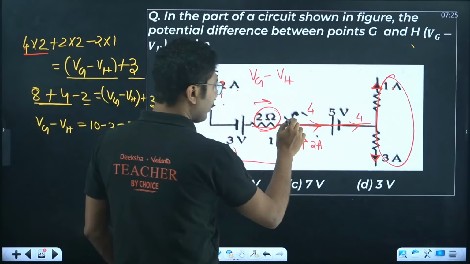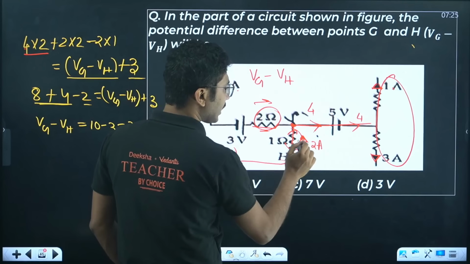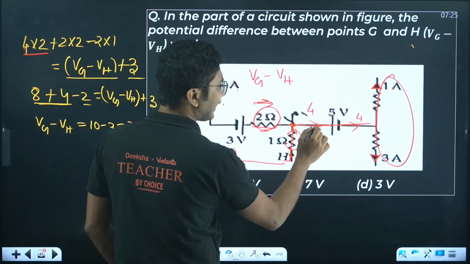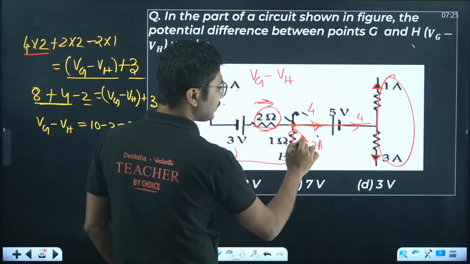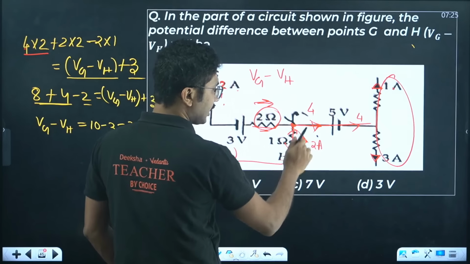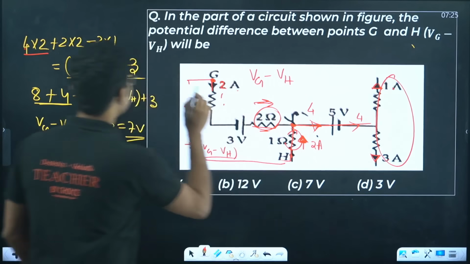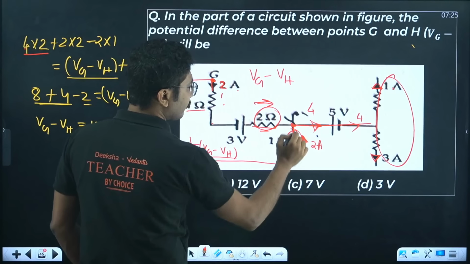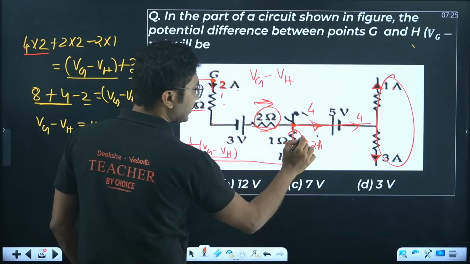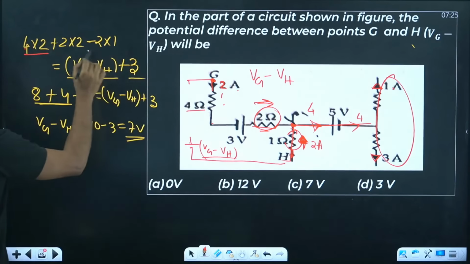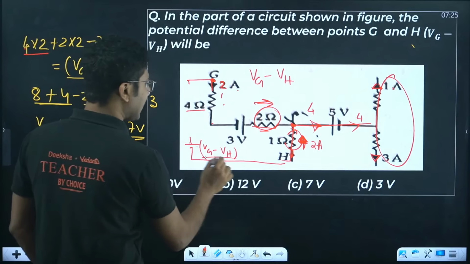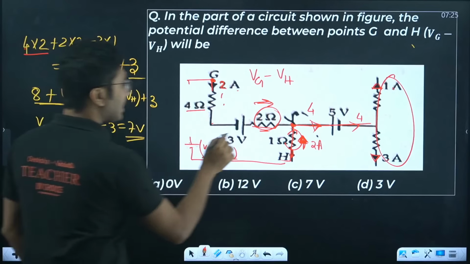Now when you are going from here to here, you see the direction of current is upward, because we figured out the current must be added so that we get 4 ampere, that means it must be in the upward direction. So here we are going in the upward direction, that's why our loop starts from G, ends at H. When we are going in this direction, this must be subtracted. So that's why minus 2 into 1. And that should be equal to your imaginary EMF plus this 3 volt.